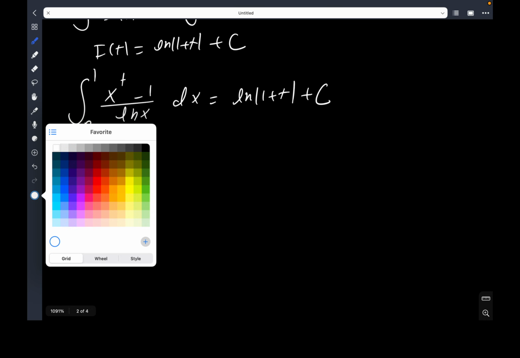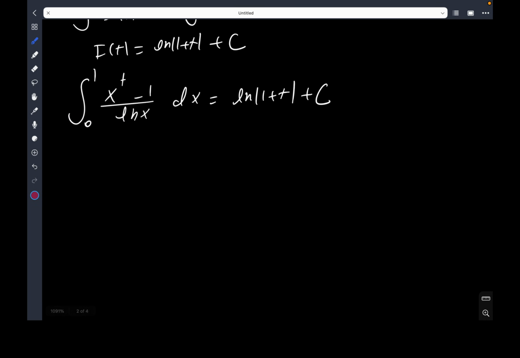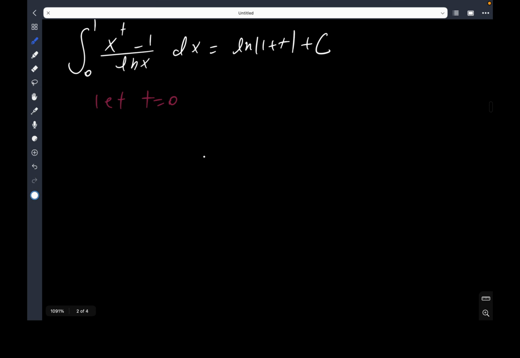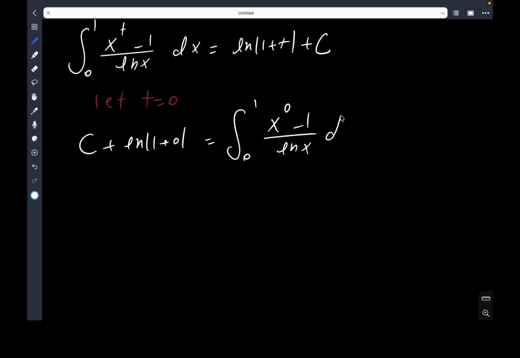Now we want to see what happens if I let t be equal to 0. So I'm going to get c plus ln of 1 plus 0 equal to the integral from 0 to 1 of (x^0 minus 1) over ln x dx.